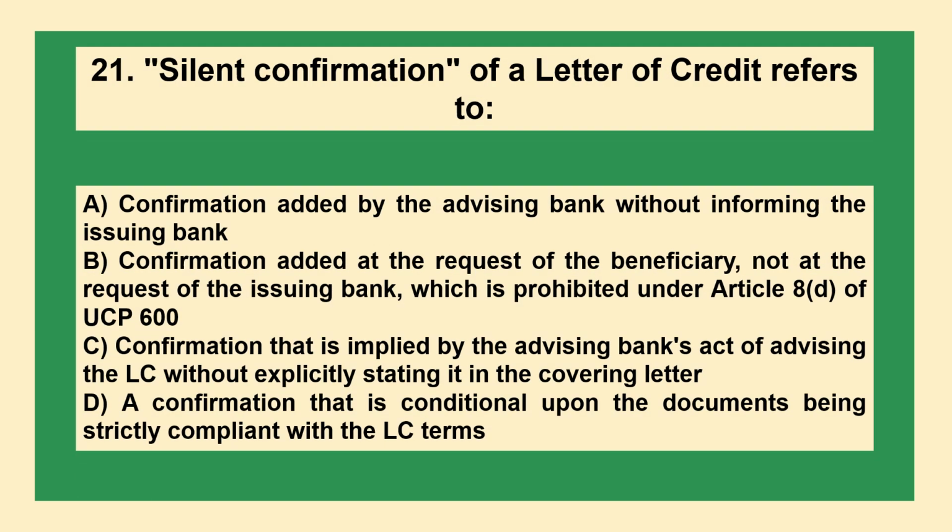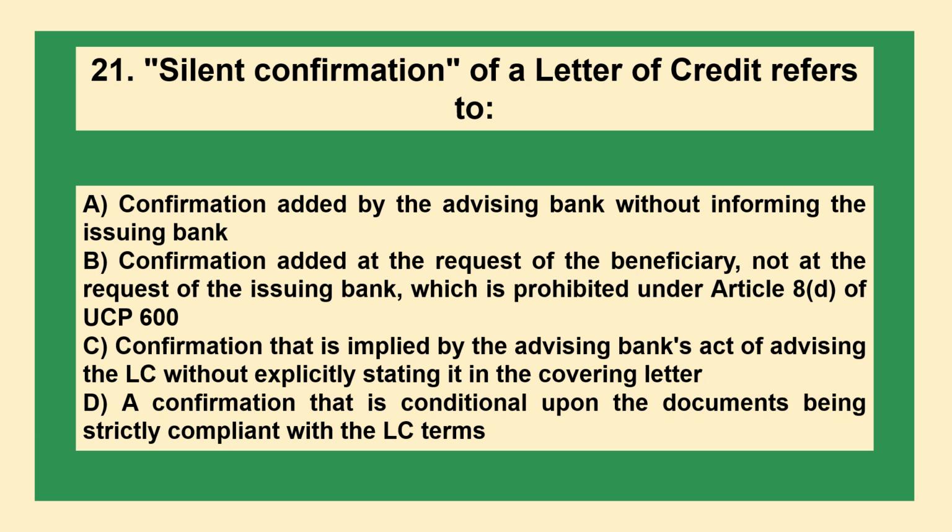Silent confirmation of a letter of credit refers to: option A, confirmation added by the advising bank without informing the issuing bank. B, confirmation added at the request of the beneficiary, not at the request of the issuing bank, which is prohibited under Article 8D of UCP 600. C, confirmation that is implied by the advising bank's act of advising the LC without explicitly stating it in the covering letter.